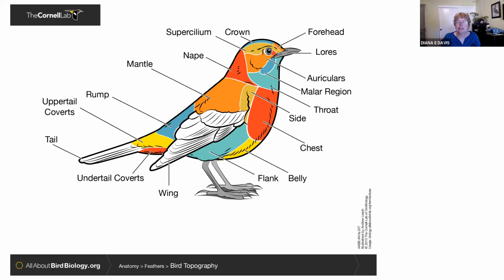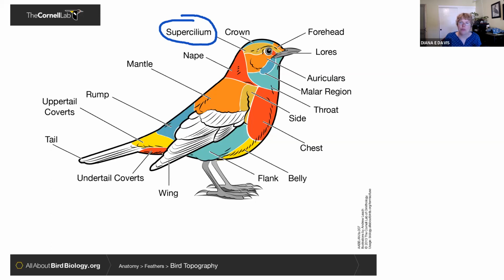Oh, here's another big word. It's probably not familiar. Supercilium. The supercilium is the area from the back of the head over the eye to the base of the beak.